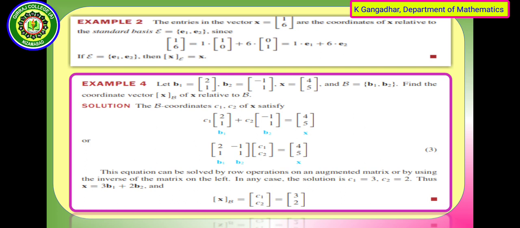So x equals c1 b1 plus c2 b2. We write the linear combination c1 times (2, 1) plus c2 times (-1, 1) equal to the x vector (4, 5). So here we get the equations 2c1 minus c2 equal to 4, c1 plus c2 equal to 5.